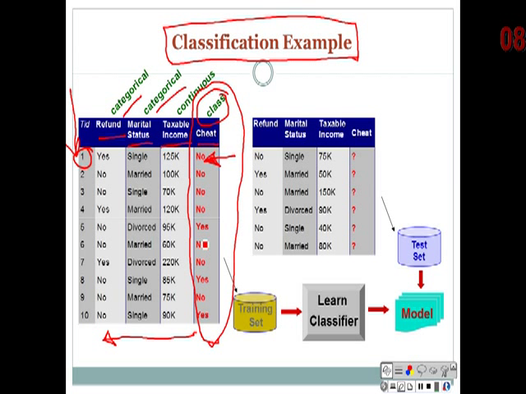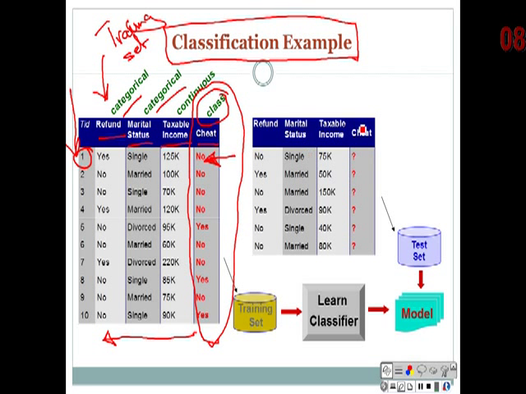Here in our case it is a categorical type of class, yes or no, and this is what we name our training set. We train on our data, that means we run the algorithm until we find the class that is suitable.